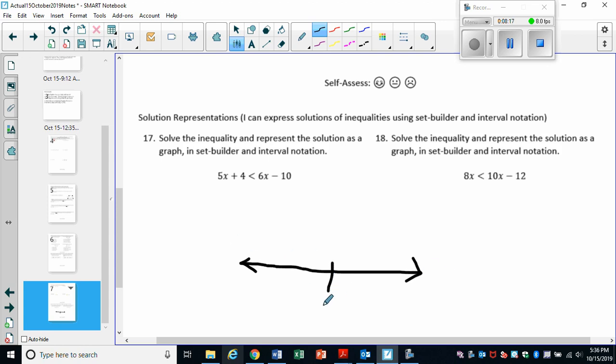Your number, I'll just say 3, 2, 4. So your graph could be either open or closed, and then your arrow may go to the left or right. In this case, right. Or it could be left.